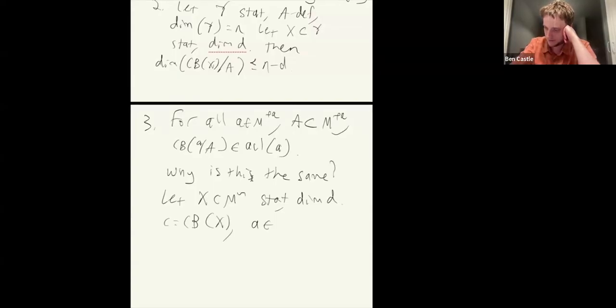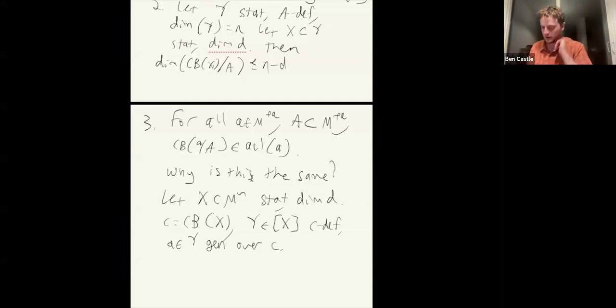Because C is the canonical base of X, there is some definable set Y almost equal to X, which is definable over C. And then let's take A in Y to be generic over C. All right, so I have my D-dimensional set, and I can assume after tweaking it a little bit that it's definable over the canonical base C, and then take a generic point.